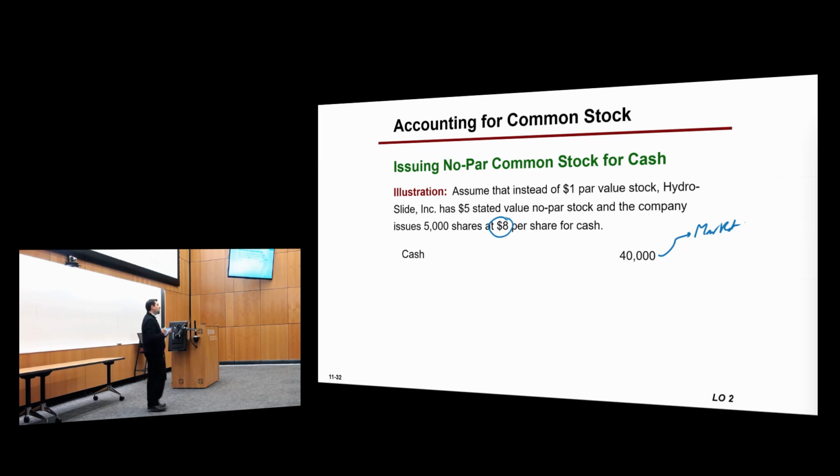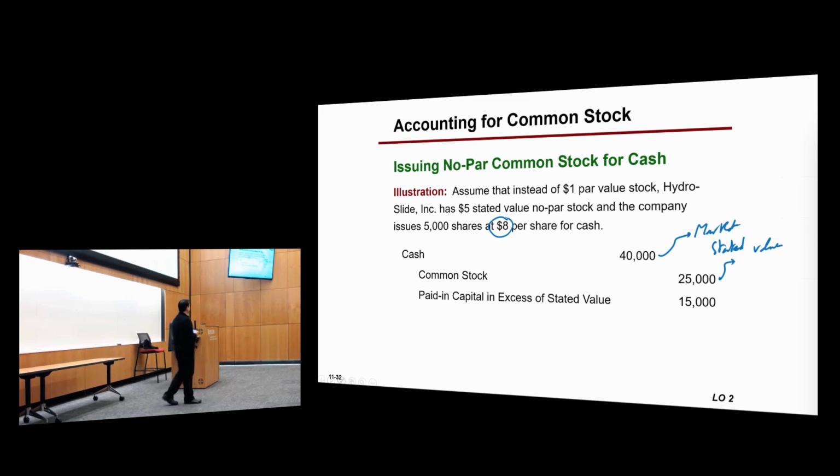Common stock will be credited at stated value. So in this case, it will be 25,000. This is stated value. The difference between the two is what? Paid-in capital in excess of stated value. It will be credited, the difference between the two, 50,000. Any questions?